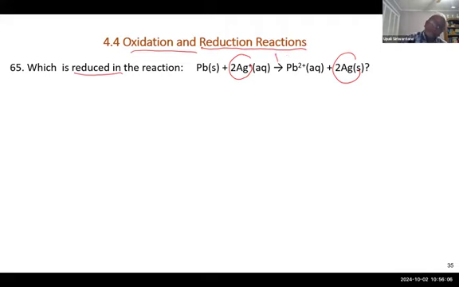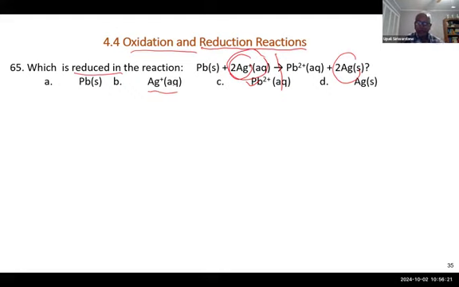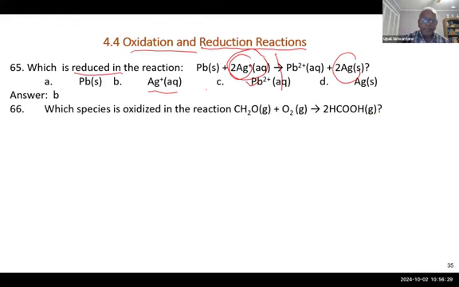You look at the reactant side, the left side. So silver is the one that is reduced. What is found on the left side is you have to use the whole thing. Silver, iron, aqueous. B is the correct answer.